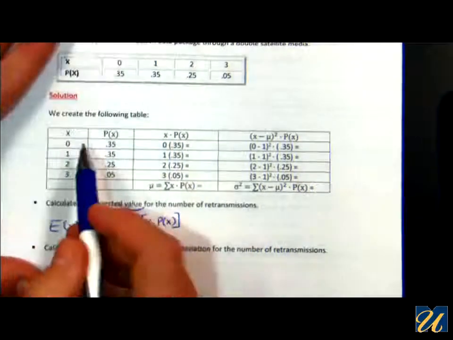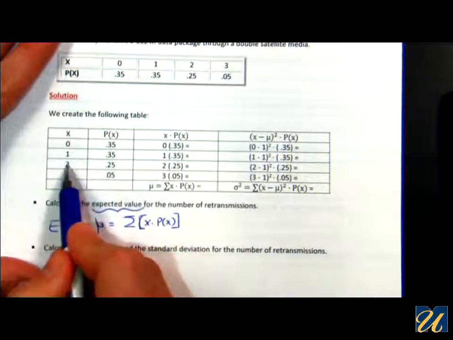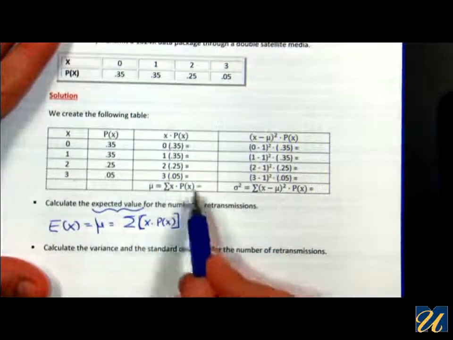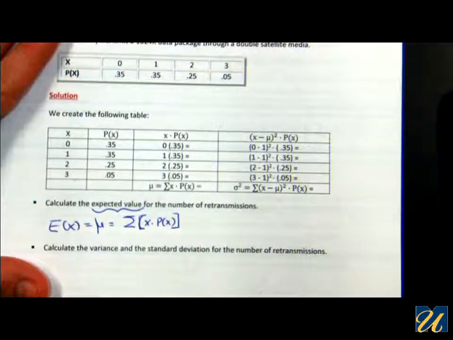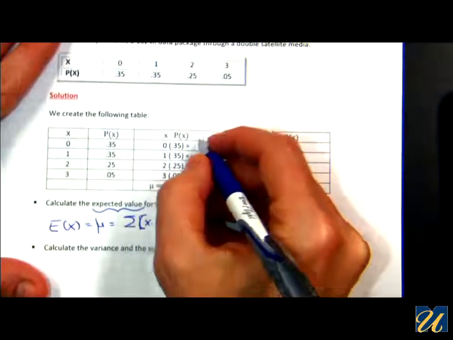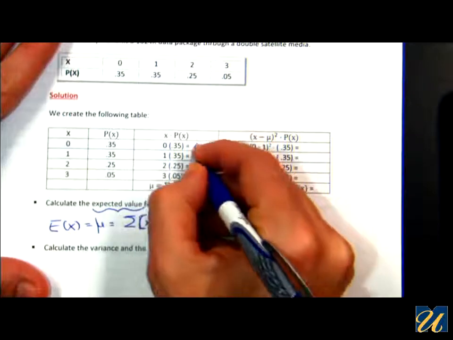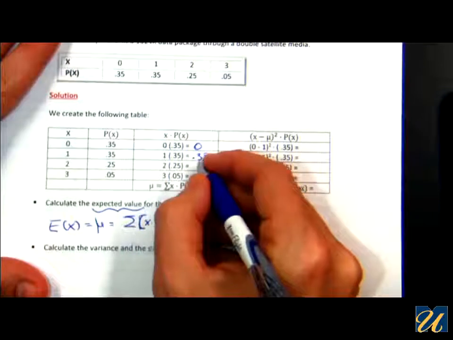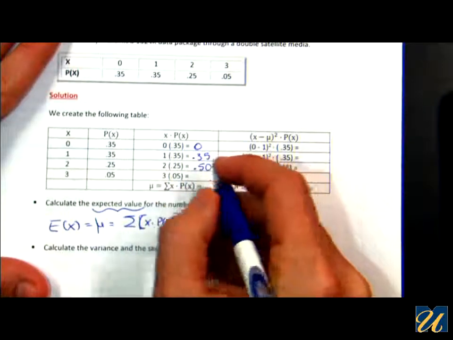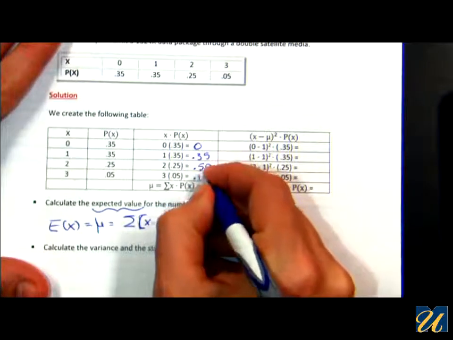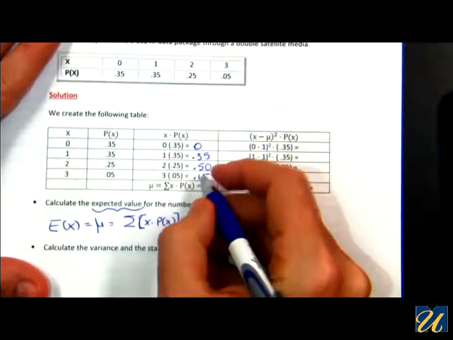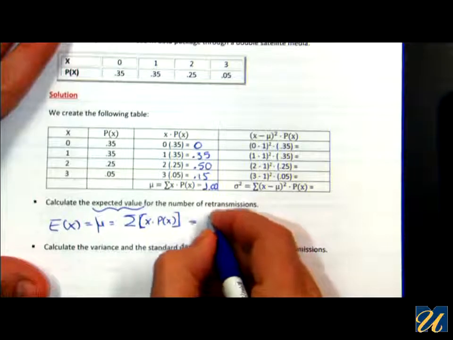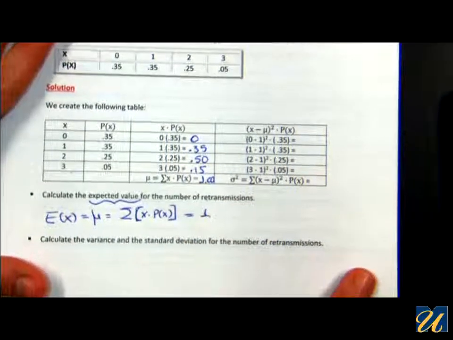So that means I need to multiply these two columns in my third column, and then add them all up to find the expected value. So 0 times 0.35 is 0, 1 times 0.35 is 0.35, 2 times 0.25 is 0.5, 3 times 0.05 is 0.15. When we add them all, this is 1. So the expected value is equal to 1.